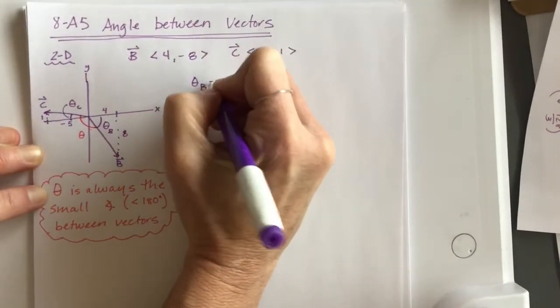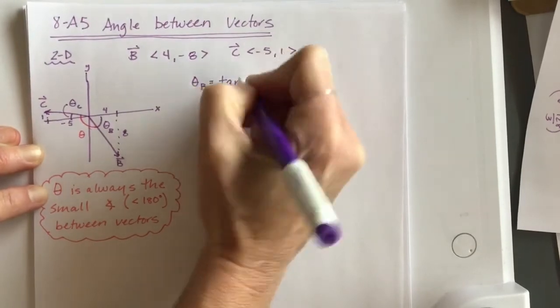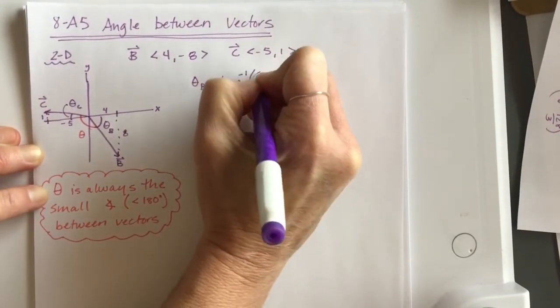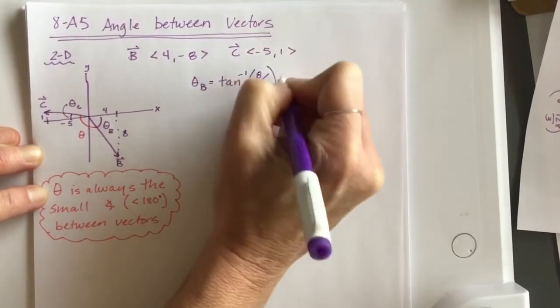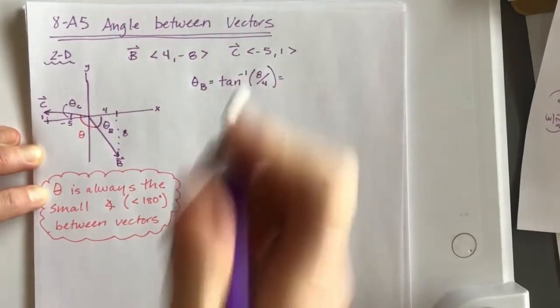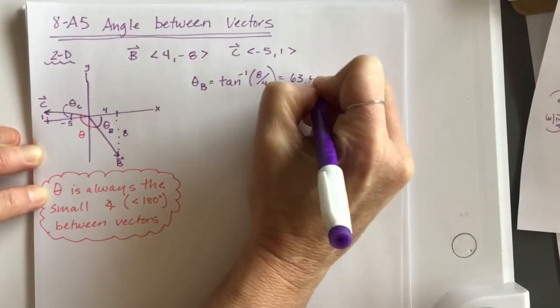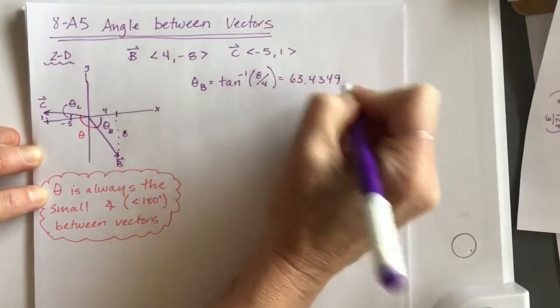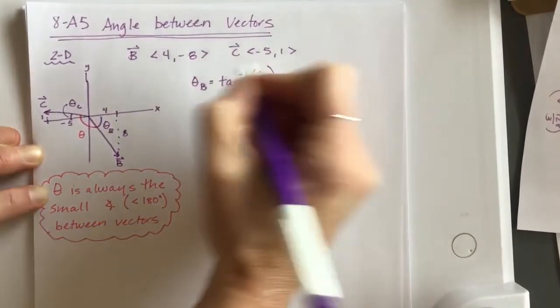You got it, tangent. So inverse tangent of opposite over adjacent, which is 8/4. Plugging that into the calculator, we get 63.4349. So you do need a calculator for this.